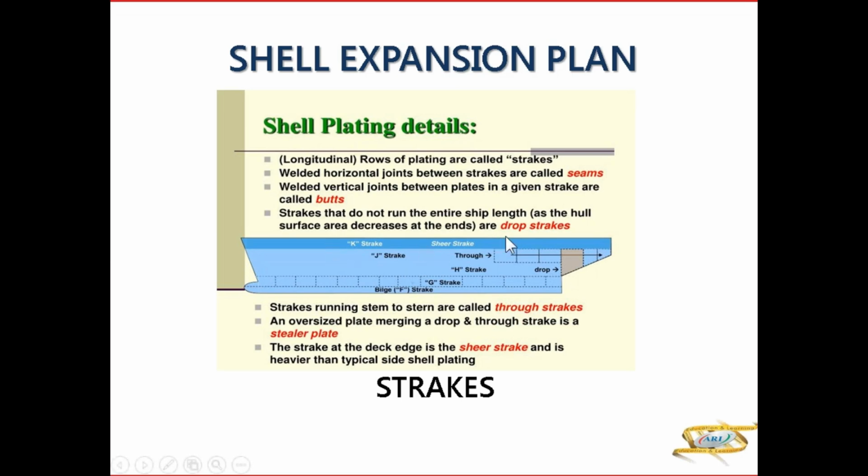So the top strake is the shear strake, not the fish plate, but the shear strake. And the welding which is done horizontally are seams, and the welding which is done vertically is known as butt.